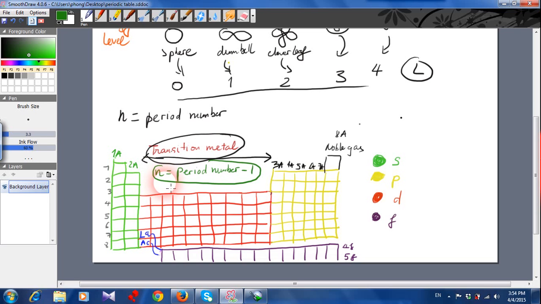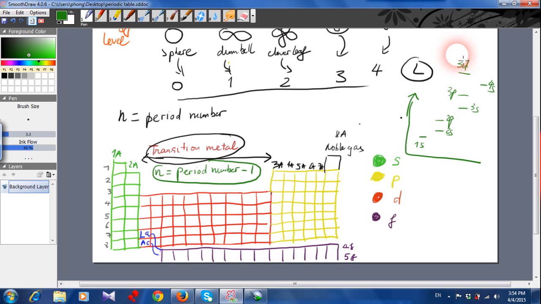With transition metals, it has a different kind of energy level, like we have in a graph like this one. We know that it's 1s here, 2s here, 2p here, 3s here, 3p, 4s here, and 3d here.